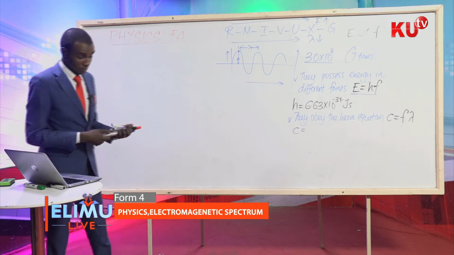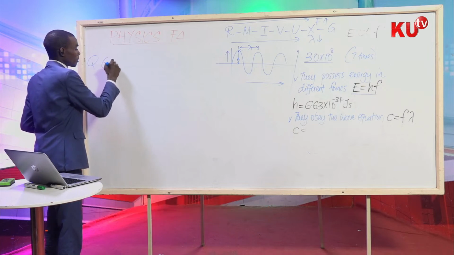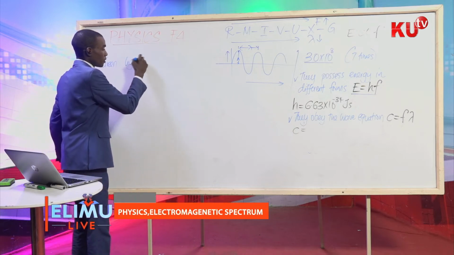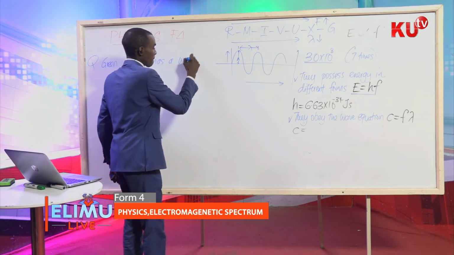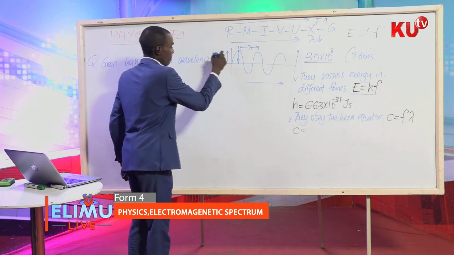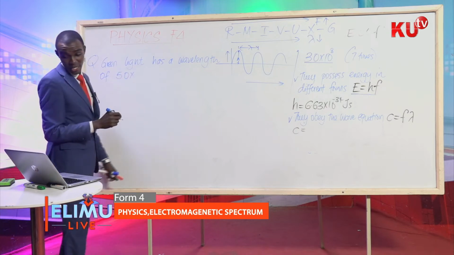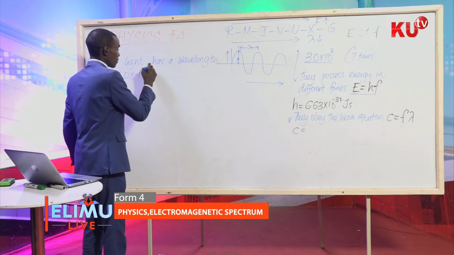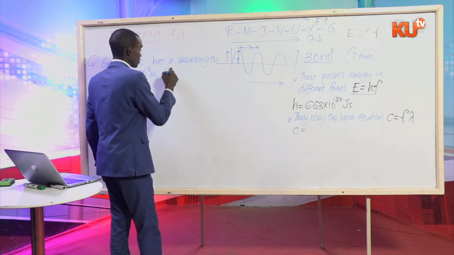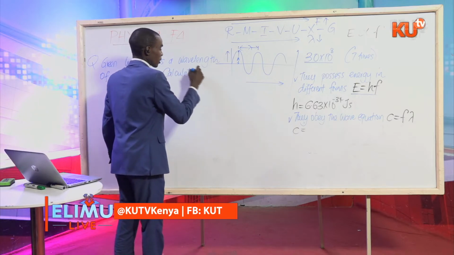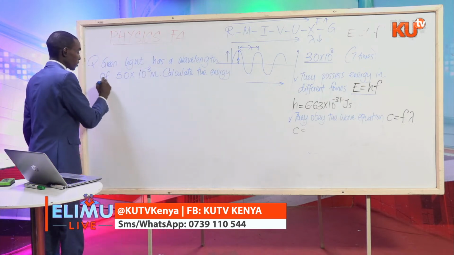The question goes: green light has a wavelength of 5.0 times 10 to the power minus 3 meters. Calculate the energy it emits.